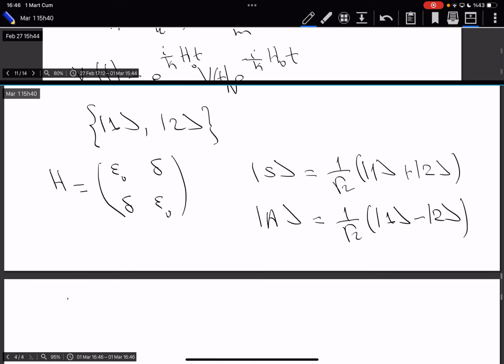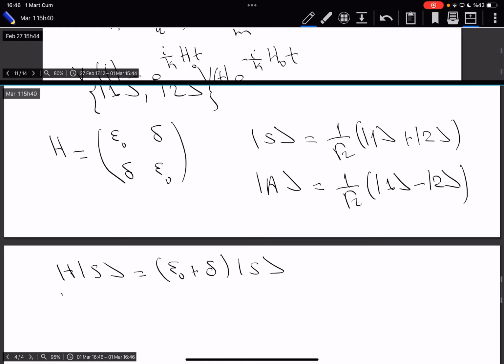The Hamiltonian acting on the symmetrical state will be epsilon 0 plus delta, times the symmetrical state. And the Hamiltonian acting on the anti-symmetrical state will be epsilon 0 minus delta.